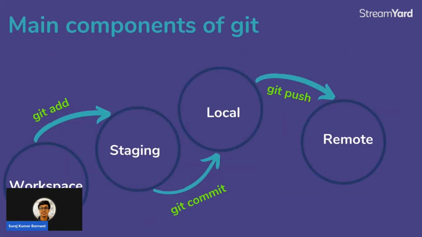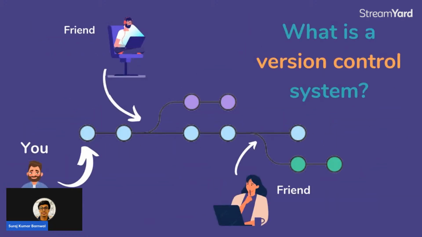Now let's understand distributed development with the help of the version control slide. What you can see here is that there are multiple branches of the same project. This means that multiple branches have multiple developments being developed by multiple developers. Your friend is a developer, another friend is a developer, and yourself is a developer.